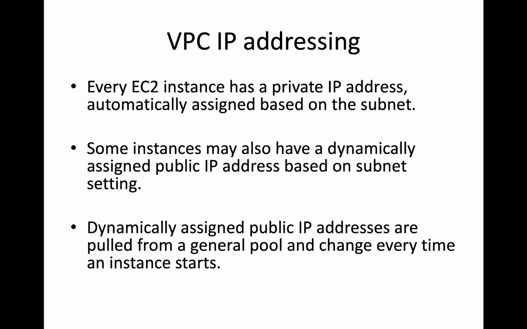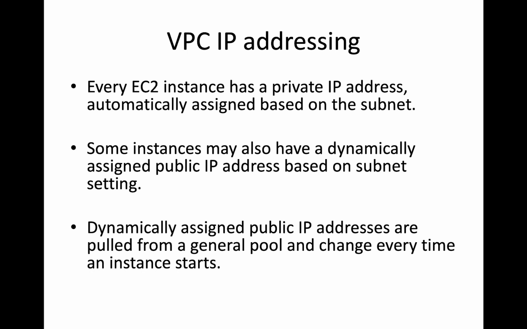And that public IP address is going to be dynamically assigned by AWS from a large general pool of public IP addresses. If you were to stop that EC2 instance, then that public IP address is going to be given back to AWS.